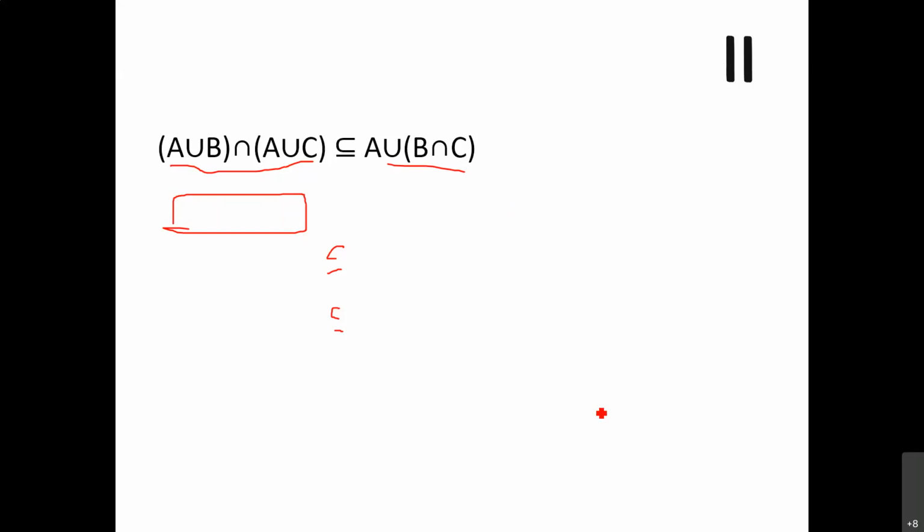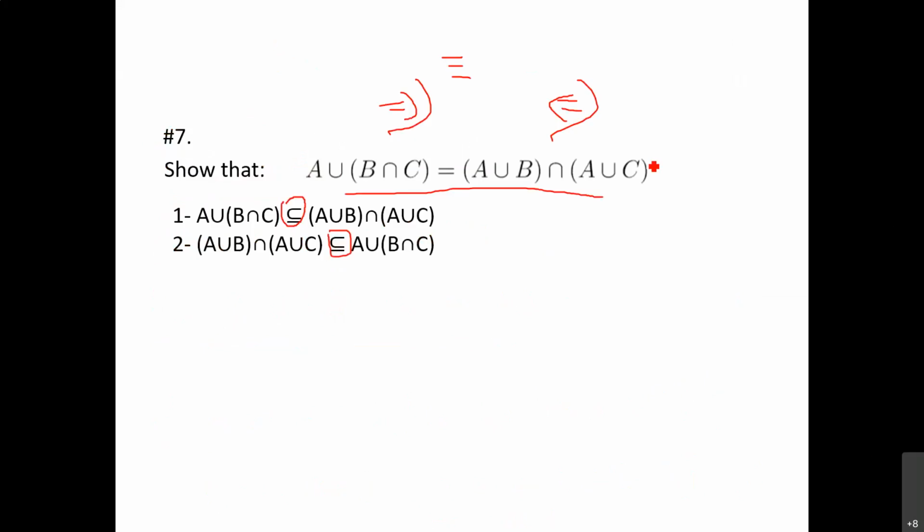Yes, what about the subset symbol? What do you mean, do we only prove the left side?